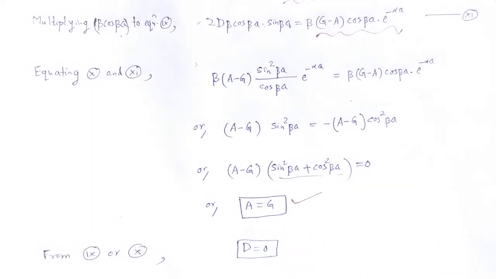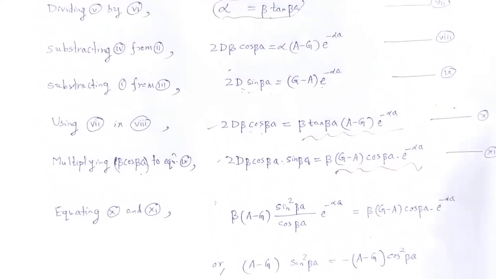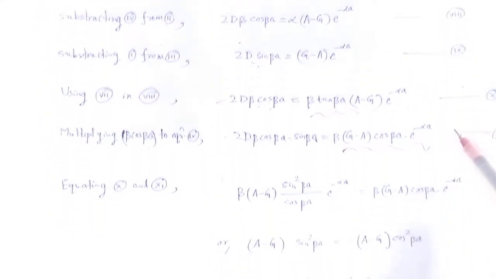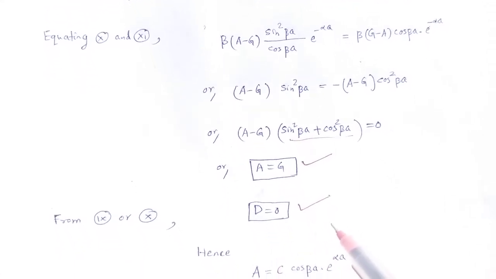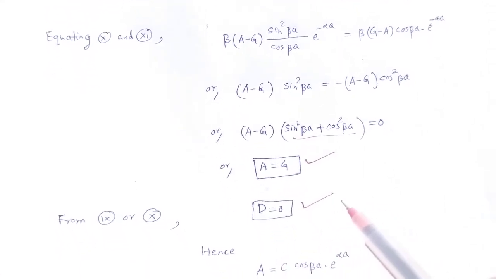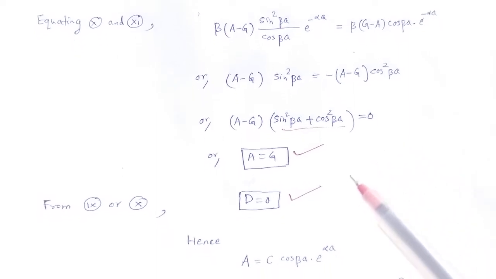And again when we implement from ix and x equation, we have d is equal to 0. A is equal to g and d is equal to 0 are derived from these equations.